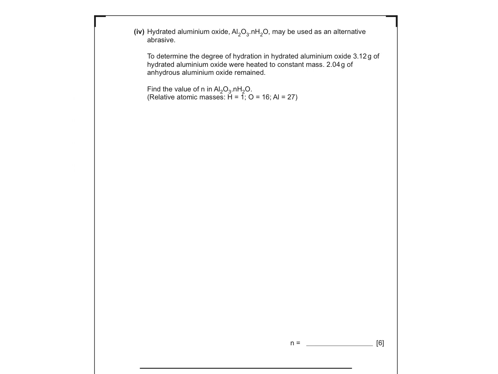Now this time we've got to work out N, the number of moles of water of crystallization, or the degree of hydration. So what I'm going to do, again, draw out a table that's a bit like we did before when working out empirical formula. And what we've got to do is work out the number of moles of the dry or the anhydrous aluminium oxide and the number of moles of water.